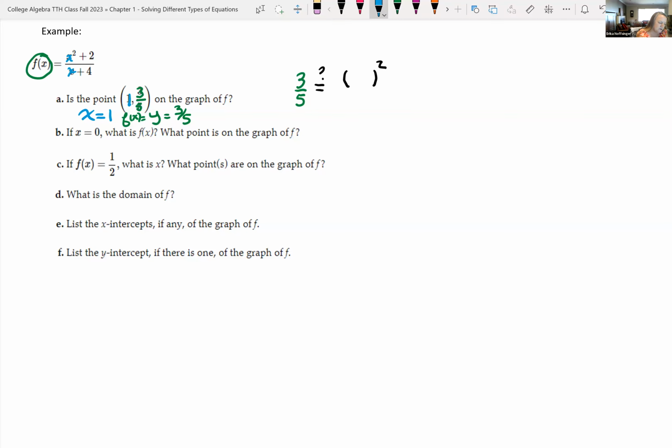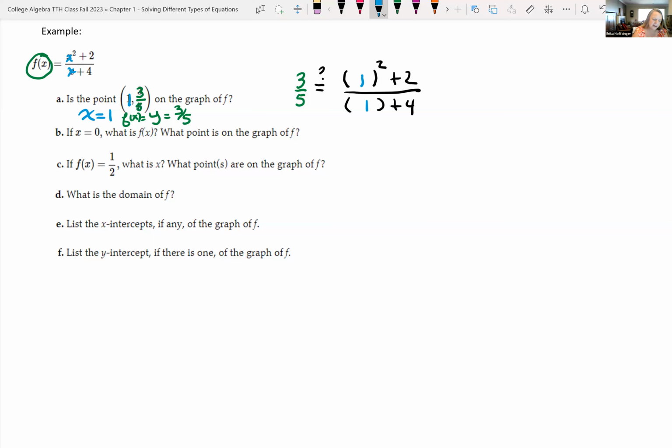So is it equal to parentheses squared plus 2 all over parentheses plus 4? Let's drop in our 1 for x. So let's simplify the right-hand side and see if we get back 3/5. If we do, we're good. If we don't, then it's not a point.